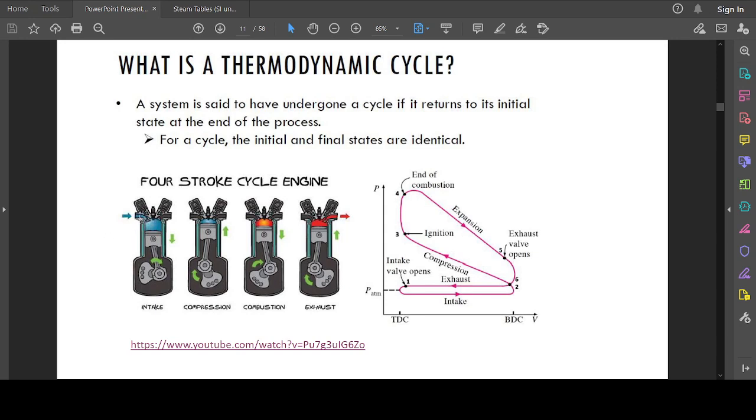Now, when this mixture of air and fuel goes in here, the crankshaft rotates clockwise. As it rotates, the upward motion of the rod and the piston compresses this fluid up to the point where it meets the spark plug, and the spark plug ignites the mixture of air and fuel.